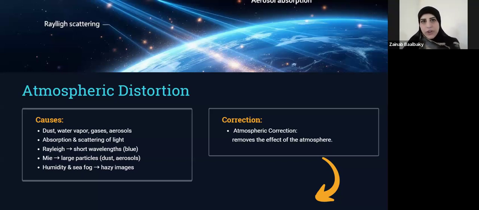Gases like water vapor and ozone absorb specific wavelengths, reducing the signal reaching the sensor. Also, coastal regions are particularly affected by humidity and sea fog, making images appear hazy or washed out.